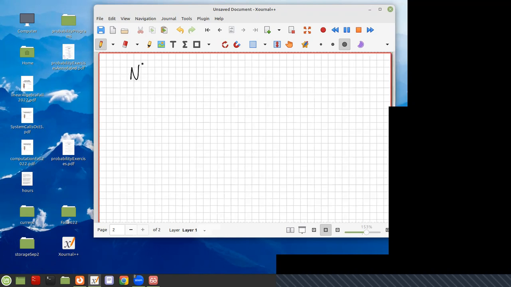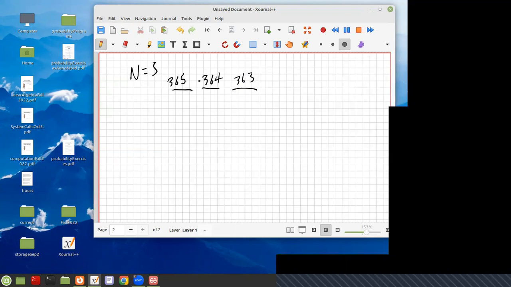Because then, for the n=3 case, we could count how many ways there are for 3 people to not have the same birthday. Well, the first person could have any of 365 days. For the second person, they could have any day except the one the first is on, so there are really 364 choices. The third person can't have either of those days, so they only have 363 choices.